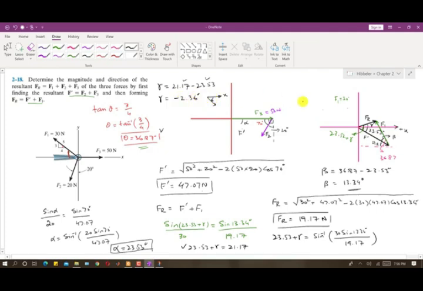This means that the actual Fr is below the x-axis. This diagram is not up to scale. If we draw F1 and F dash to scale, Fr will be making a 2.36 degree angle with the x-axis, but in the clockwise direction. So this is the solution of this problem.